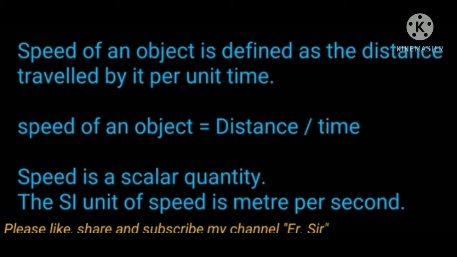Speed is a scalar quantity. It has only magnitude, not direction. We don't need to specify the direction of the movement of the object because it is a scalar quantity. It should be expressed in units. Whatever physical quantity we are measuring, we should use a standard unit for expressing it. The equation is distance traveled by time, so we use the unit of distance as well as the unit of time.